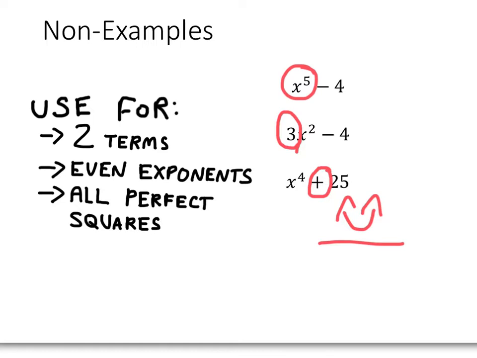Hopefully some of the things you noticed are that these expressions have two terms in them. You need even exponents in order for that term to be a perfect square. And then all of the numbers need to be perfect squares. The coefficient, and if there's a constant term, that as well.